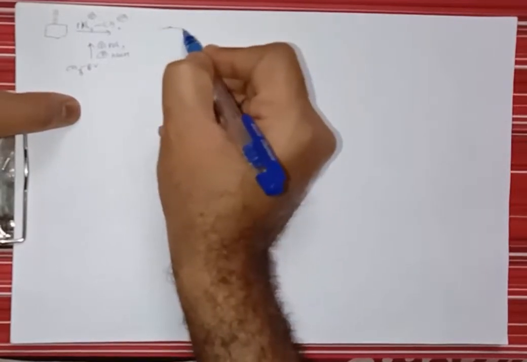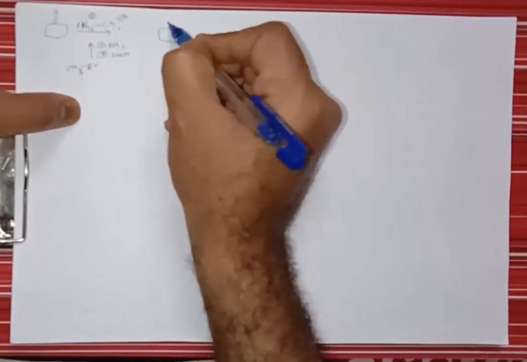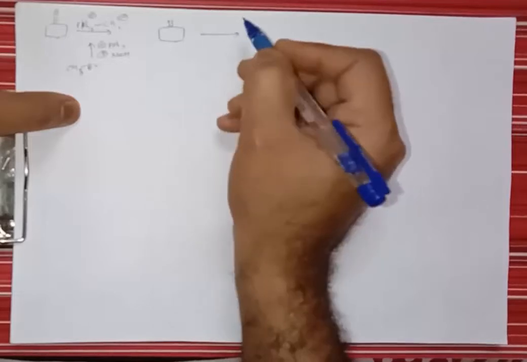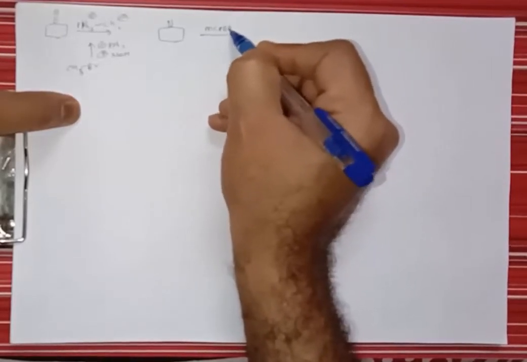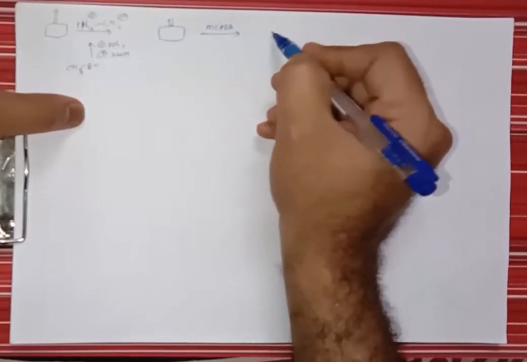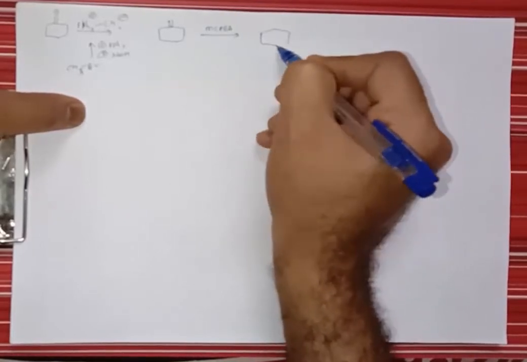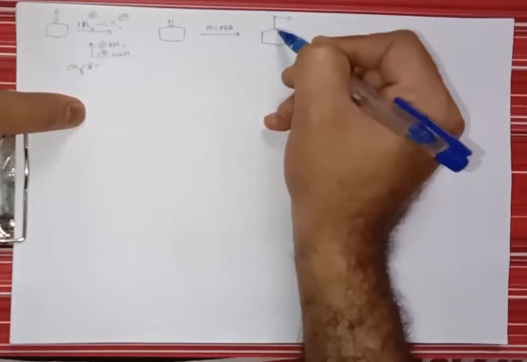So what does it give? It gives an olefin at this position, and now we can convert this olefin into an epoxide by treating it with metachloroperbenzoic acid. It gives an epoxide, right?